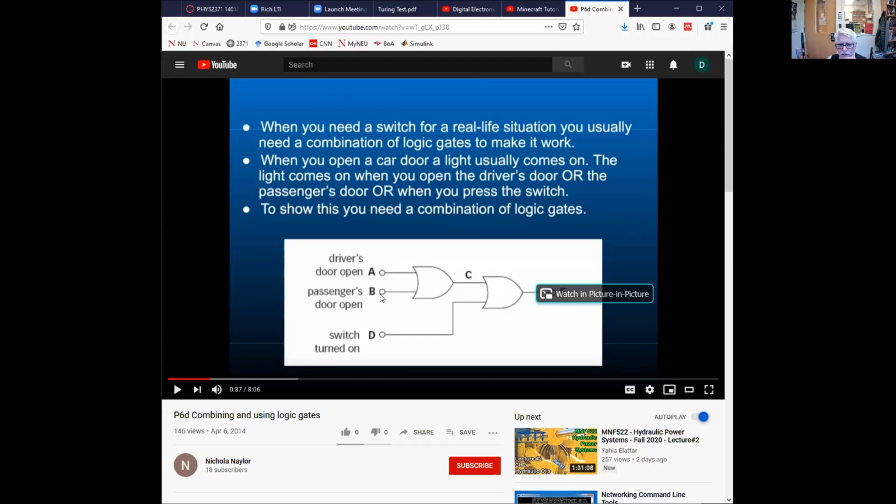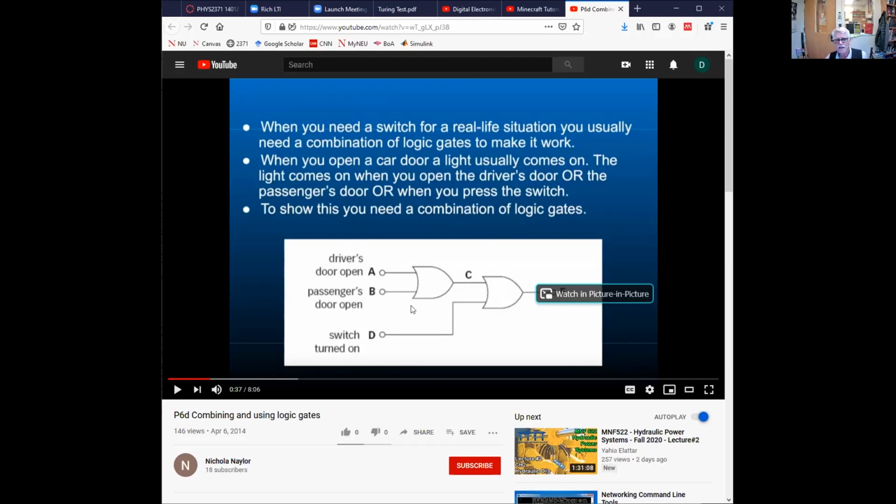So you have to have this condition on. Well, okay, I take that back. This D turns a light on independent of whether the doors are open or not.